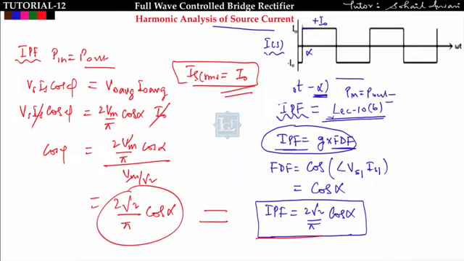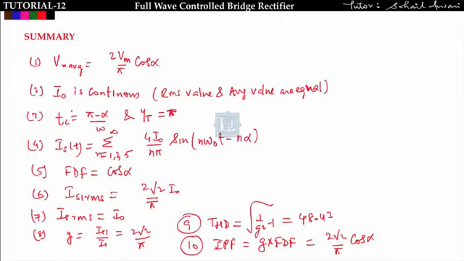So let us summarize what formulas we got in this full wave controlled bridge rectifier, taking load current as continuous. You have to remember all these things that we have discussed in this lecture. V naught average is equal to 2 Vm upon pi into cos alpha. I naught is continuous, meaning its RMS and average values are equal. Circuit turn off time is equal to pi minus alpha upon omega.